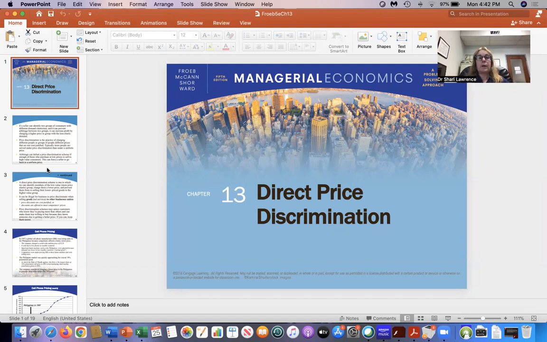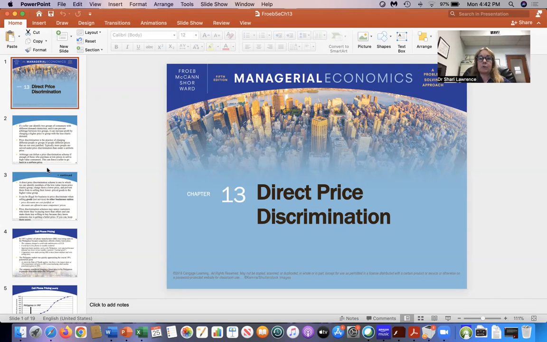Therefore, by giving the discounts, they're able to capture that segment of society and increase their profits. Student discounts are another one. Students might not go to certain things or buy certain products if they don't get a discount. So, again, they're able to increase their profits and sales by offering student discounts.